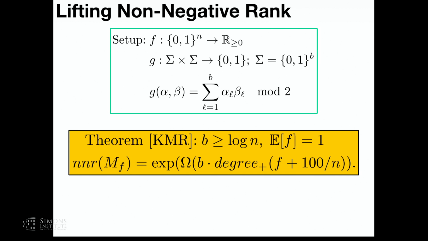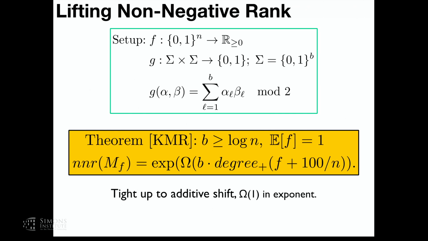Okay? So if you compare this to the upper bound I mentioned on the previous slide, this is tight except for the omega 1 in the exponent and this additive shift of 100 over n. Okay. This additive shift doesn't matter for our application, so it's fine for things that we do.